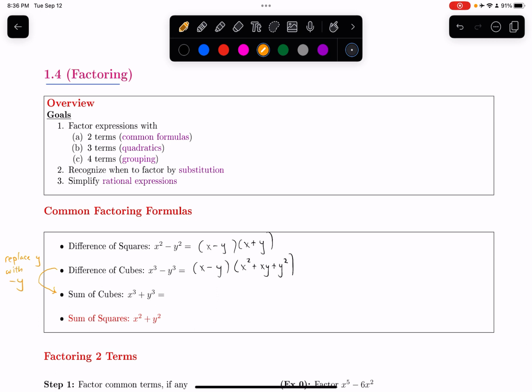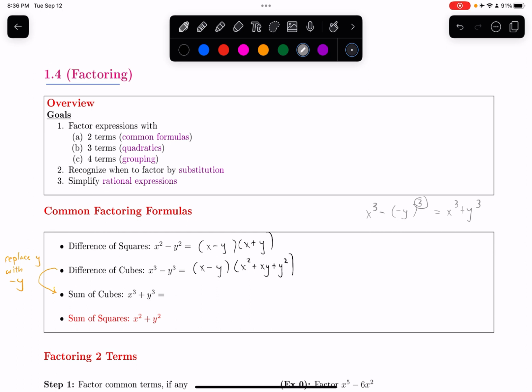Because if I replace this y with a negative y, I'd get x cubed minus negative y cubed. But when I cube the negative, it stays negative. And then this other negative in front turns it into a positive. So I would end up getting x cubed plus y cubed. So it would turn into a sum of cubes.